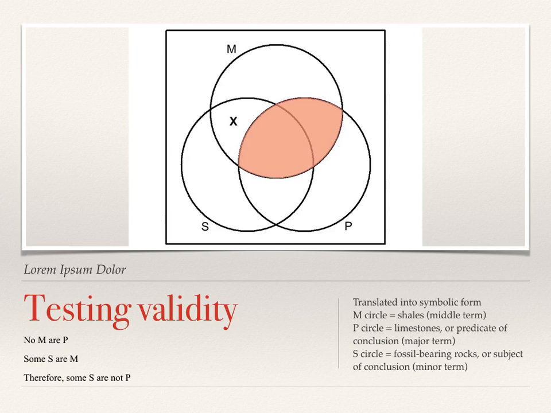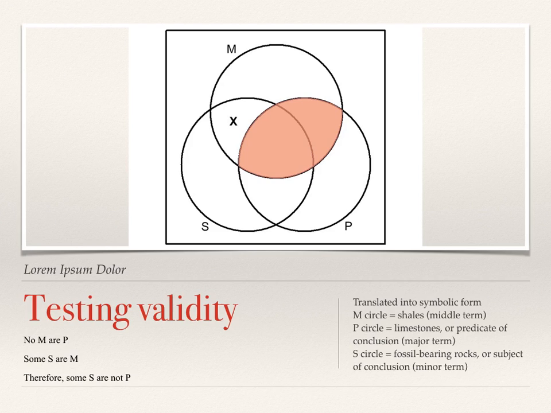We draw these out here, and if we translate the previous slide into symbolic form, we have: no M are P, no shales are limestones. Some S are M, some fossil-bearing rocks are shales. Therefore, some S are not P, some fossil-bearing rocks are not limestones.